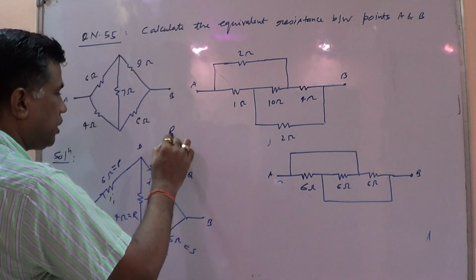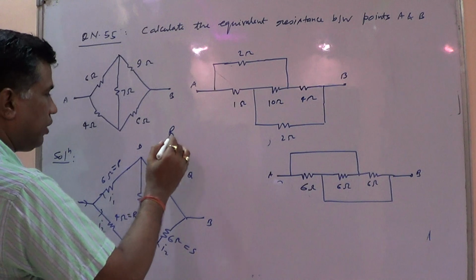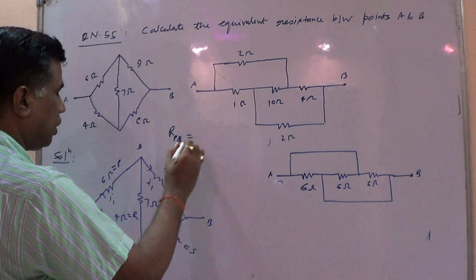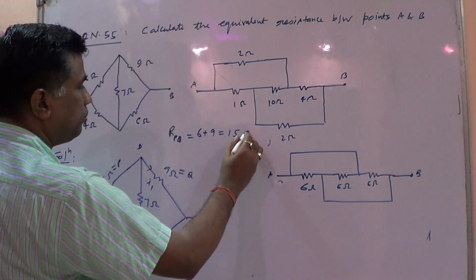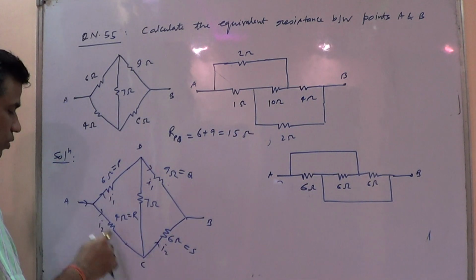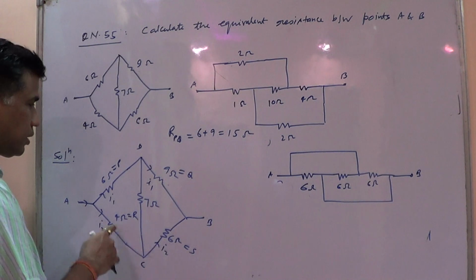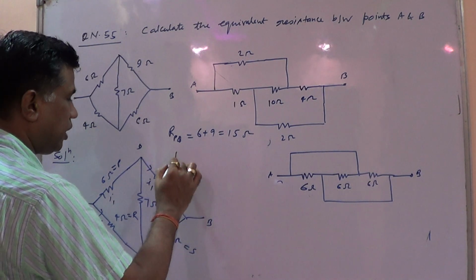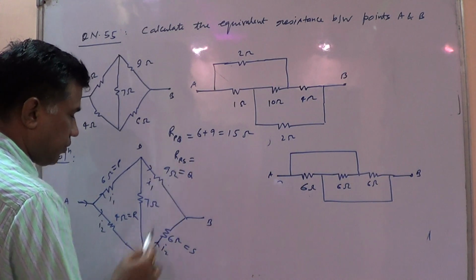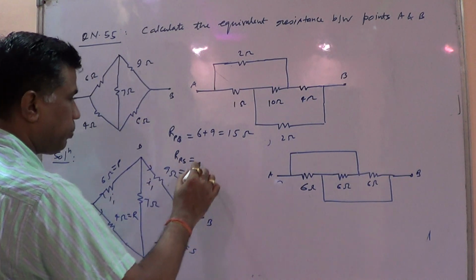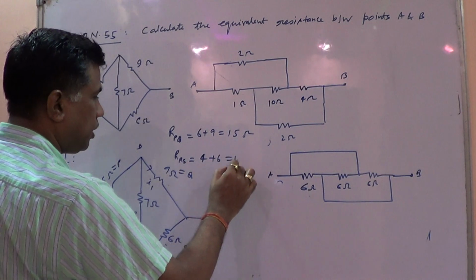So the equivalent of this resistance, RPQ, is equal to 6 plus 9, which is 15 ohm. In the same way, the equivalent of these two resistances, RRS, is equal to 4 plus 6, which is 10 ohm.